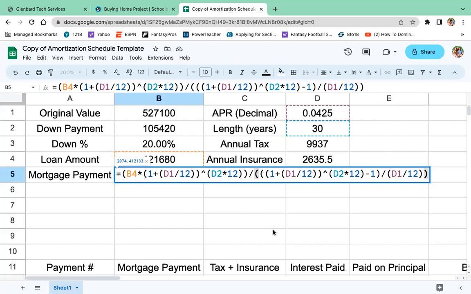Then I want parentheses for this. Then that whole thing is gonna be to something, so that needs parentheses. What's the length cell? D30 times 12. D2 times 12.